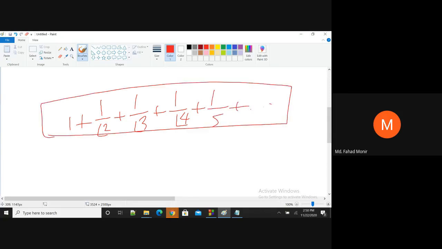If you can do this one, can't I do this: 1 minus 1 over 2 plus 1 over 3 minus 1 over 4 plus 1 over 5 and so on? We can do that, right? Yes, sir. We can see this too.